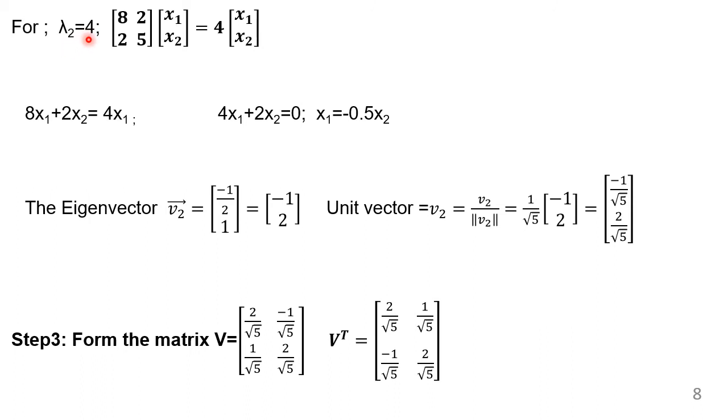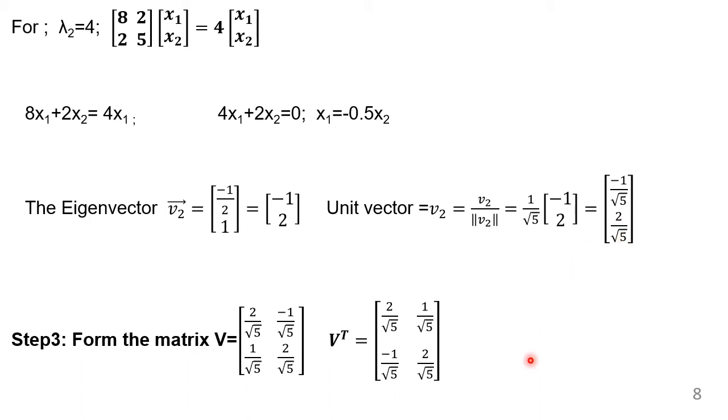For lambda equal to 4, let us find the eigenvector. We get the eigenvector V2 as [-1, 2]. When we convert it into a unit vector by dividing by its length, we get minus 1 by root 5, 2 divided by root 5.